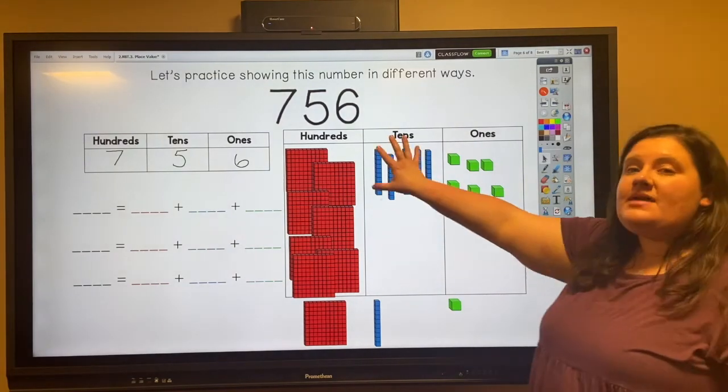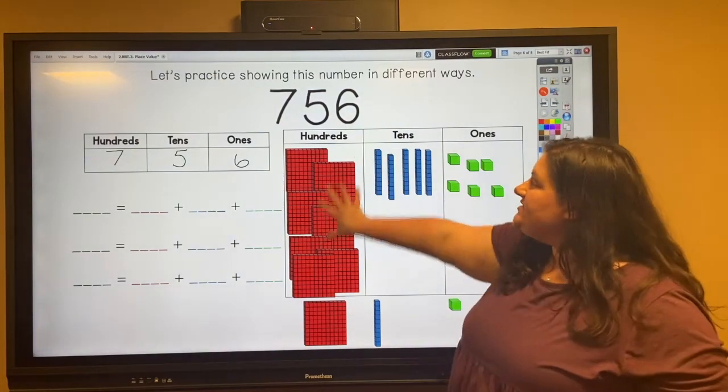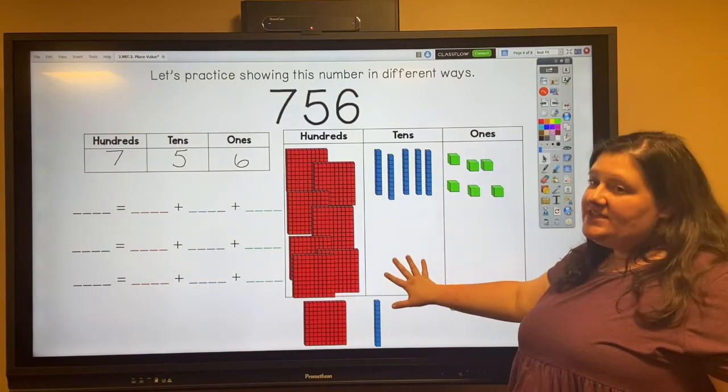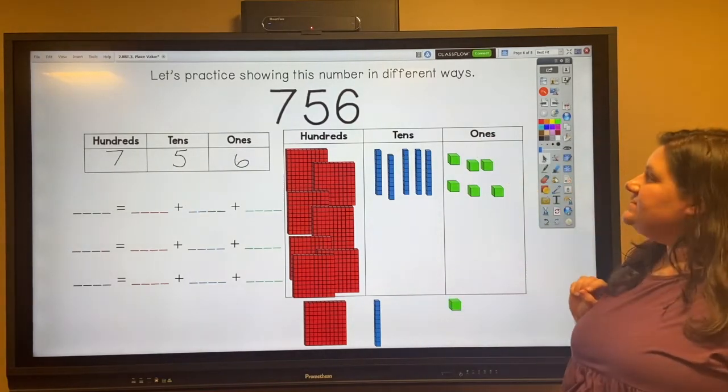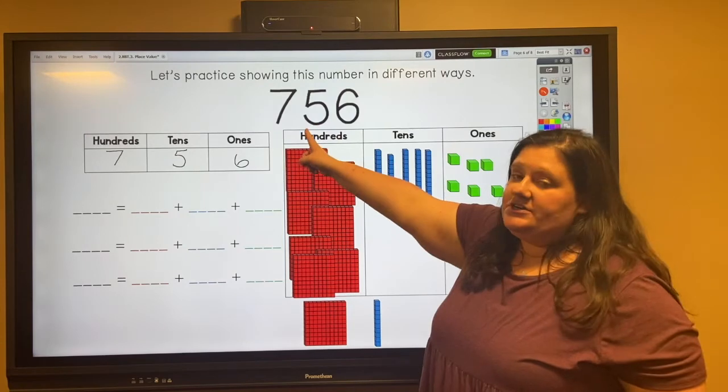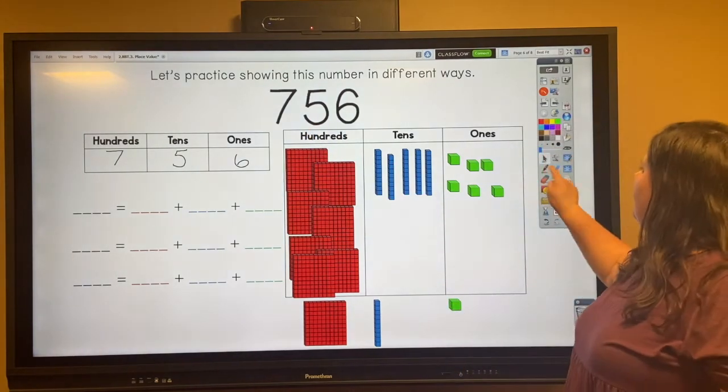So in my base 10 blocks, I'm showing 7 hundreds, 5 tens rods, and then 6 bits to show 756. Okay?